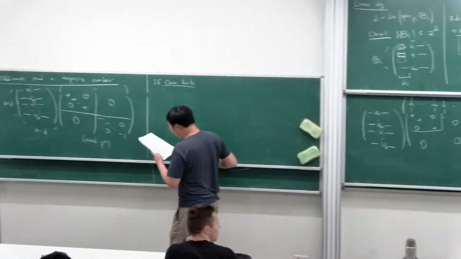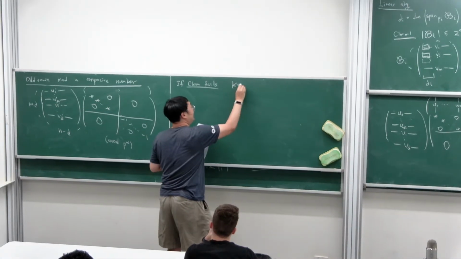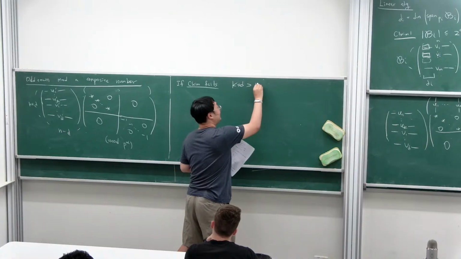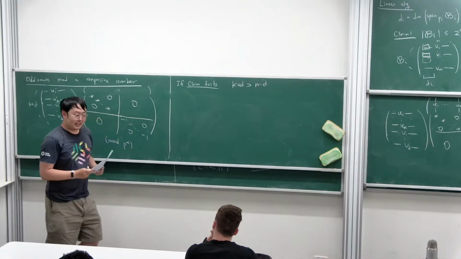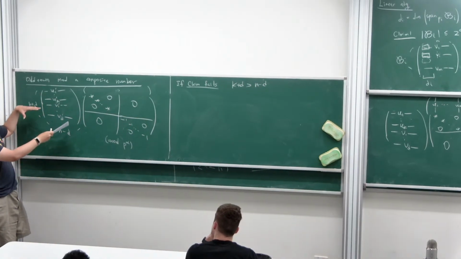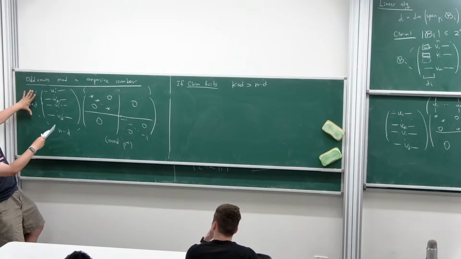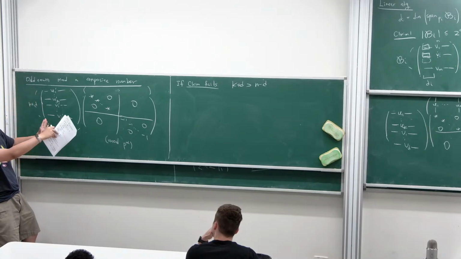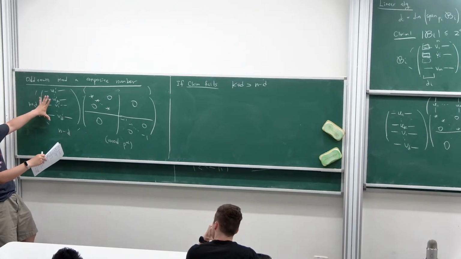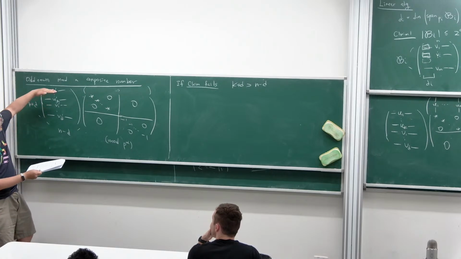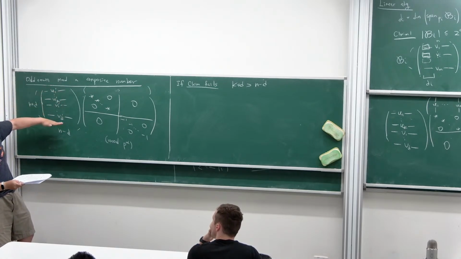So if the claim fails, we know that k plus d is greater than n minus d. That means this matrix is like this, this side is longer than this side. It's a rectangular matrix with this side longer. In particular, that means these vectors are linearly dependent over Z.